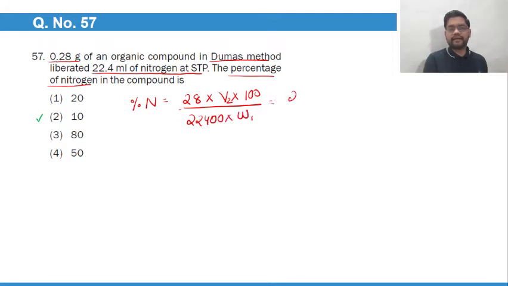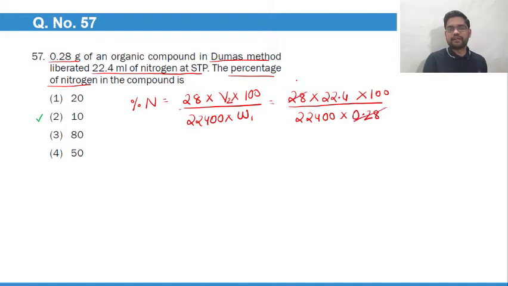So 28 into the volume that has been liberated, 22.4, into 100, whole divided by 22400 and weight is 0.28.